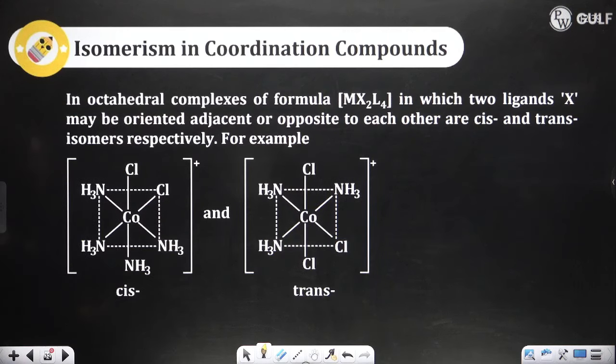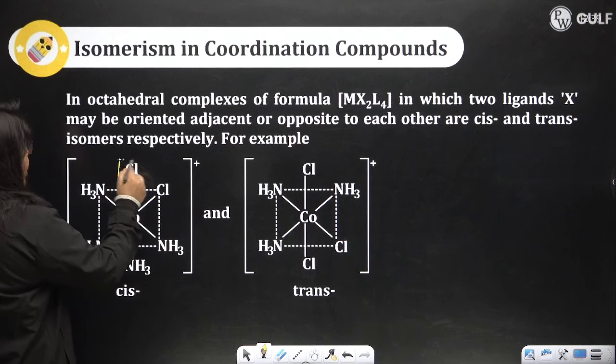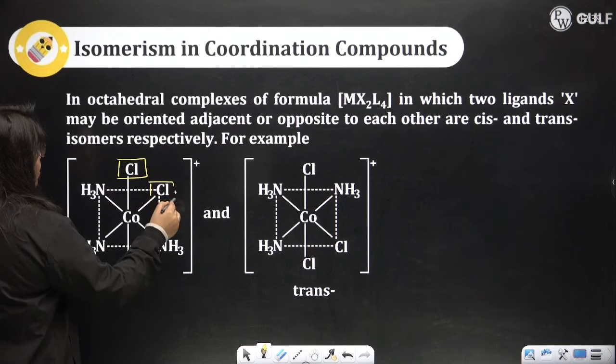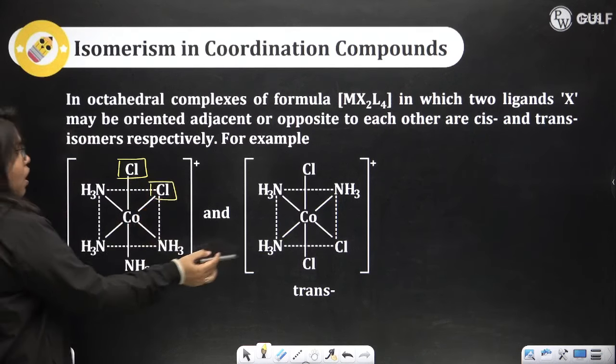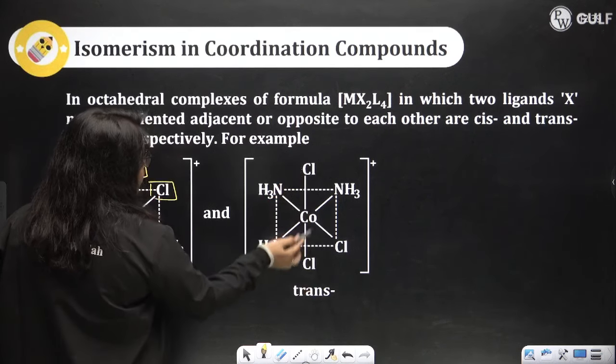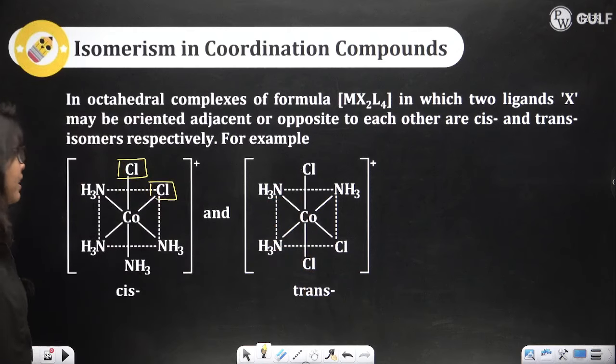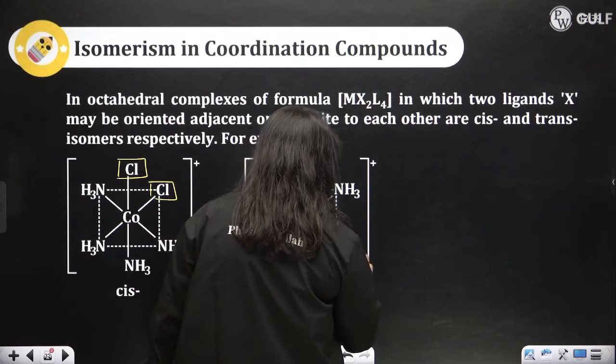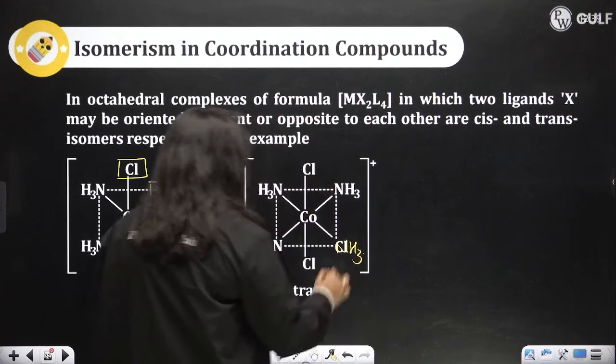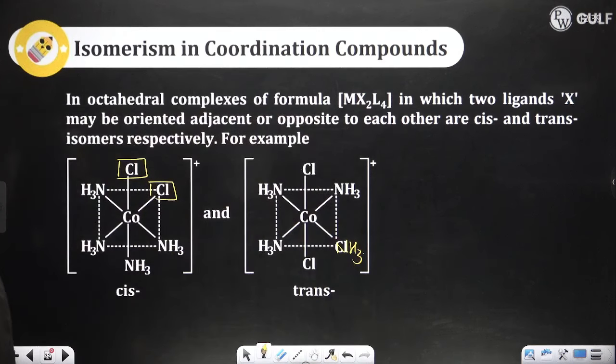In octahedral complexes, beta, when it is there on any of the planes, this is cis. Opposite end, Cl, trans. This is NH3, beta. Trans.